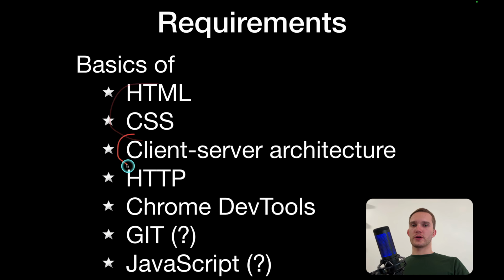Client-server architecture, what do you have to know? You have to know that there is server, there is client, server communicates with database, there might be some caching on the client, there might be some caching on the server, somewhere some caching service like Redis. This is basically all you need to know.